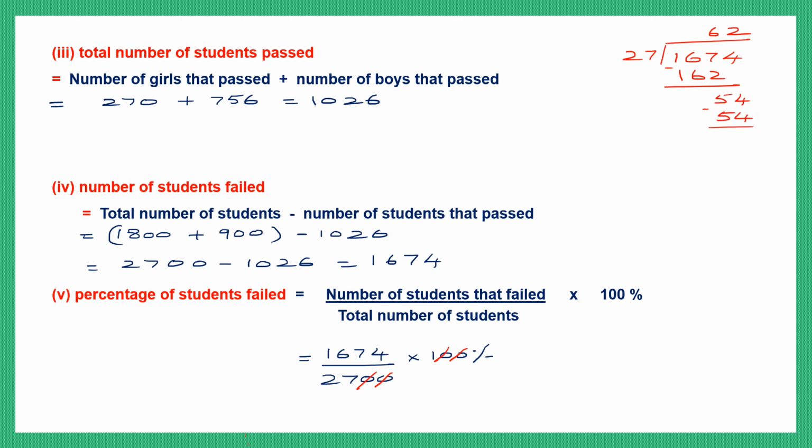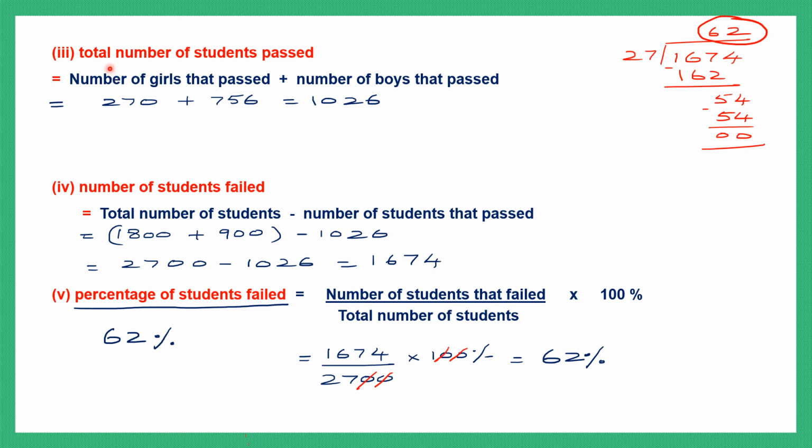So minus, you get 0. So what do we have here? In the quotient we have 62. That means we have found the answer here to be 62 percent. And what is this that we have found? We have found the percentage of students that failed. And what is the answer? 62%. So we have found all our answers.